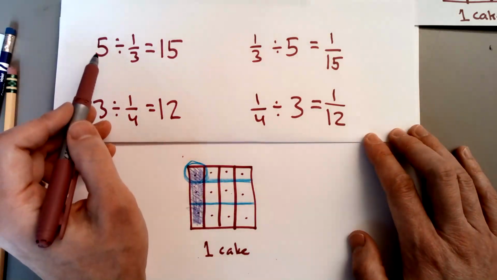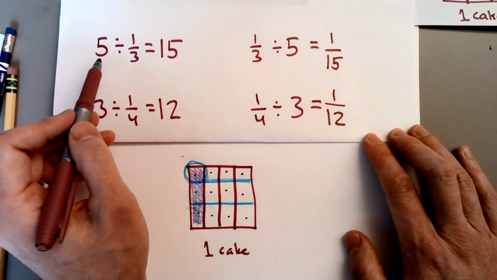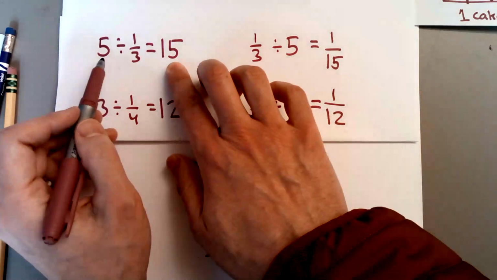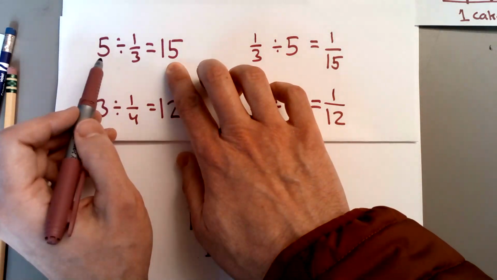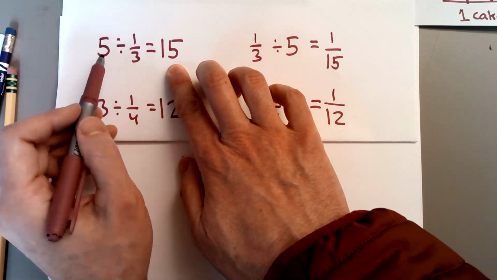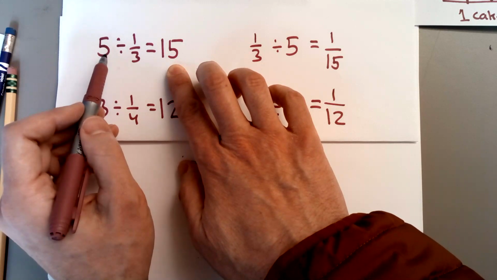If your dividend here is a whole number, and then you're dividing by a fraction, your quotient is going to be larger than the dividend you start with because you can fit a lot of 1/3s in 5. 1/3 is less than a whole, so you can fit a lot of those in 5.